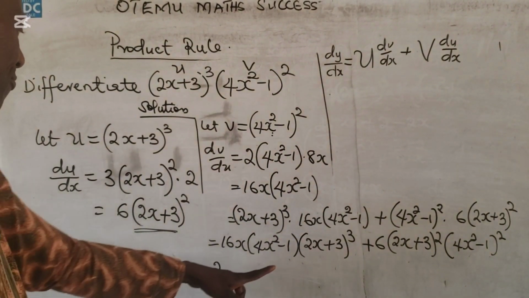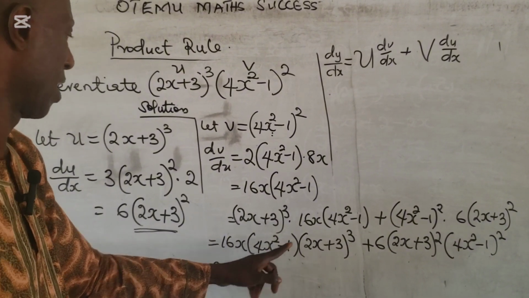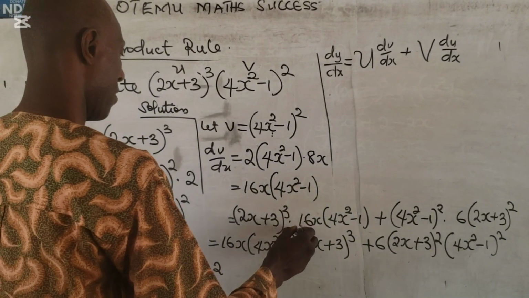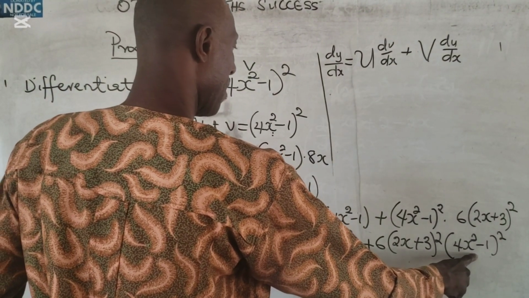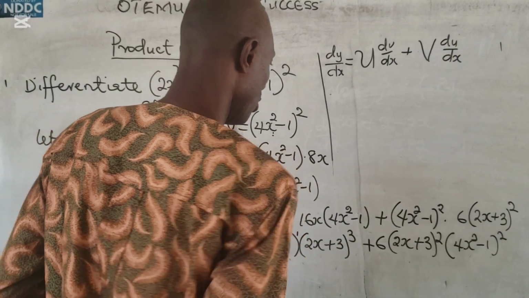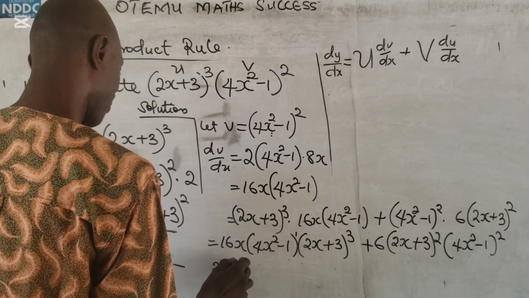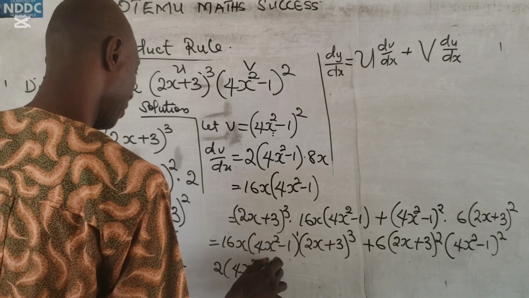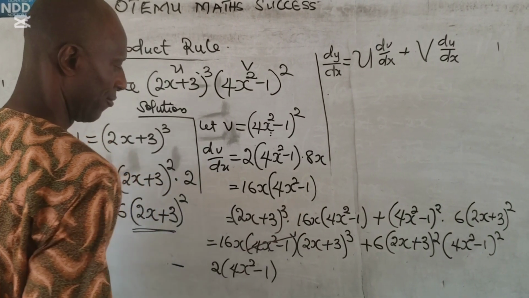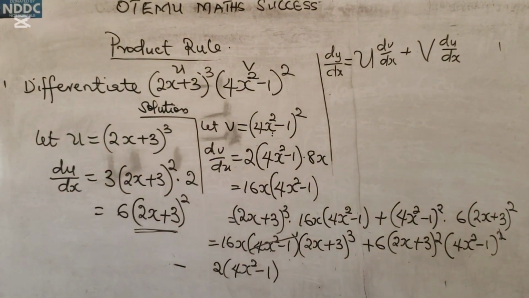Now, when you look at (4x^2 - 1) is raised to the power 1 here, and (4x^2 - 1)^2 here. So if I bring this one out, which is (4x^2 - 1), this one is off. Yeah, it reduces to 1. Okay, we are taking it gradually.